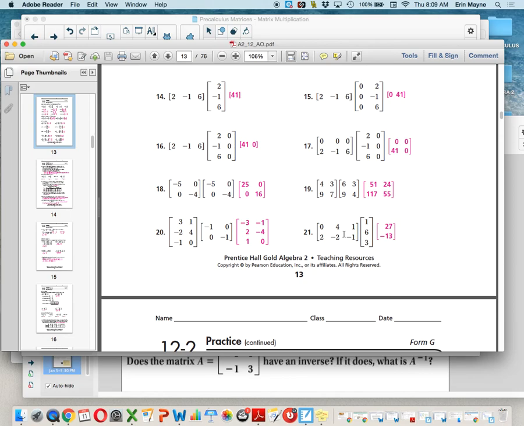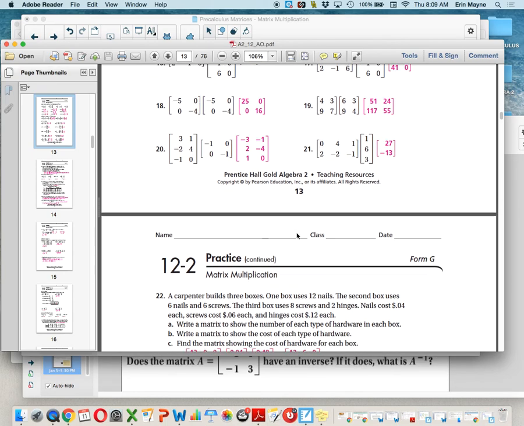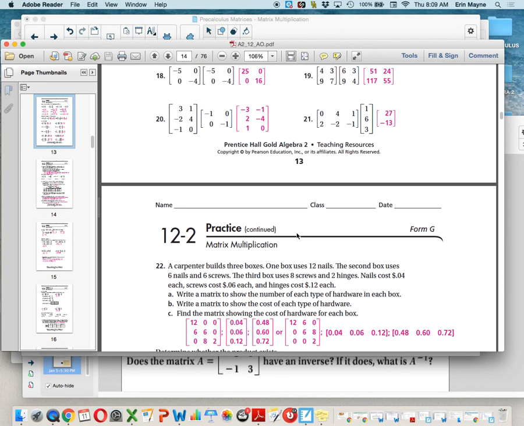Next portion. Can I keep going? Ready? We're going to the back. You need me to slow down, Eddie?